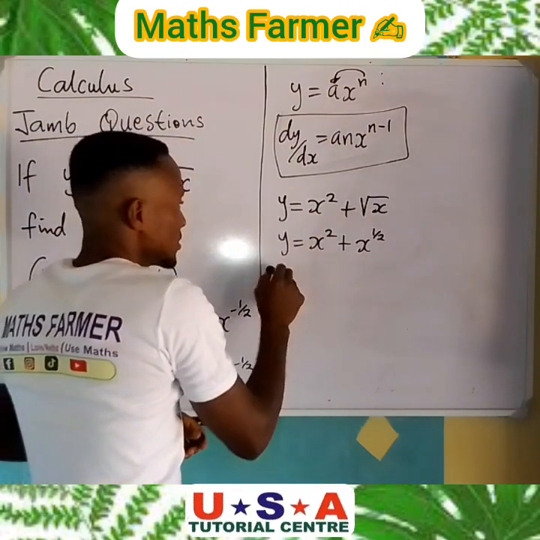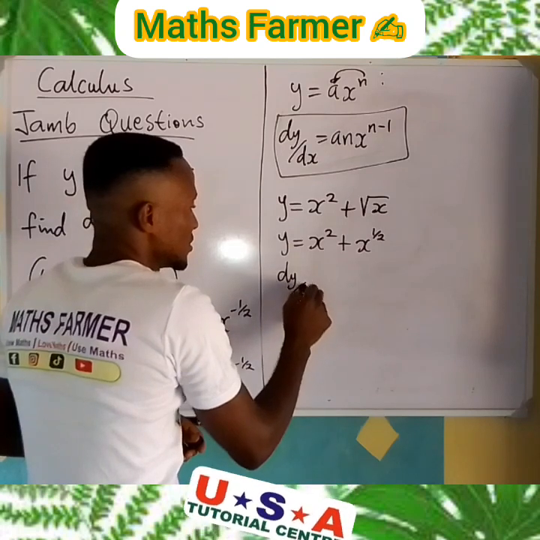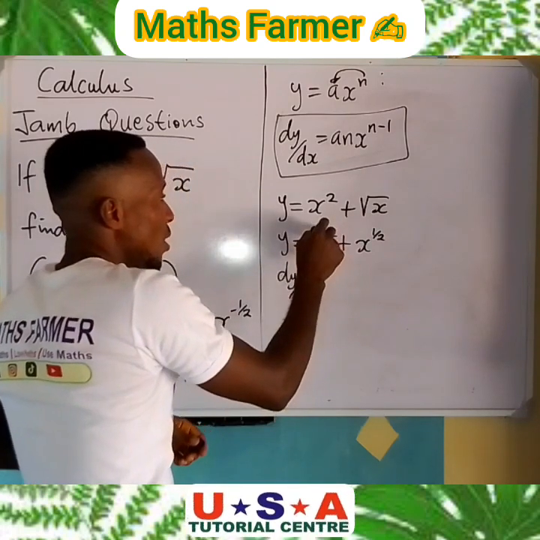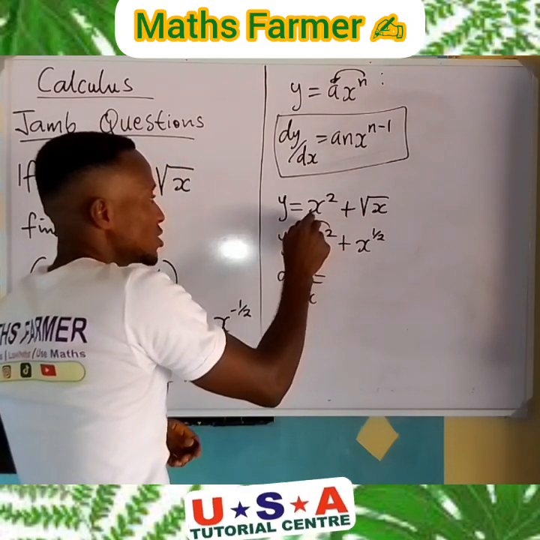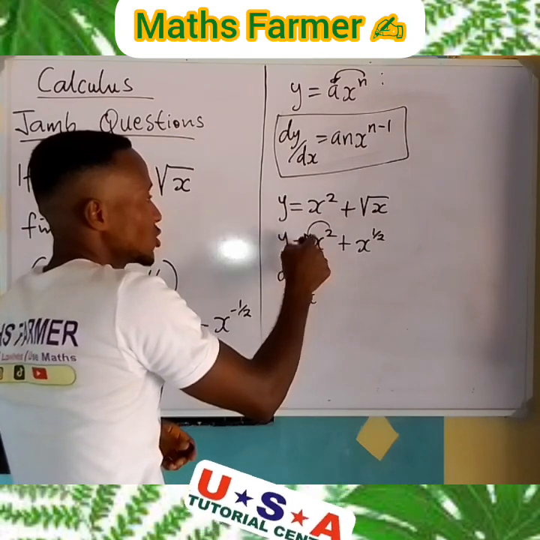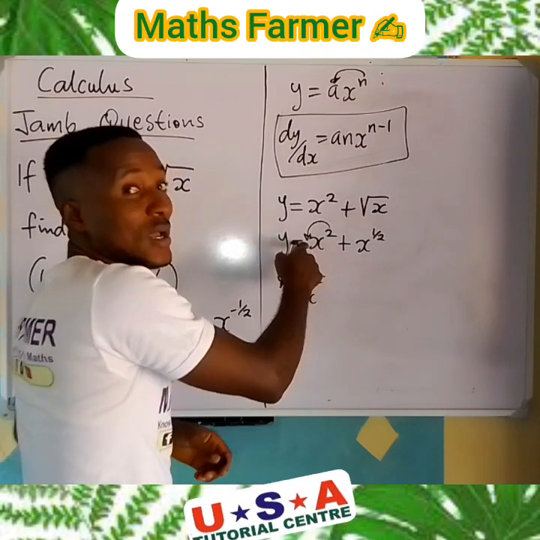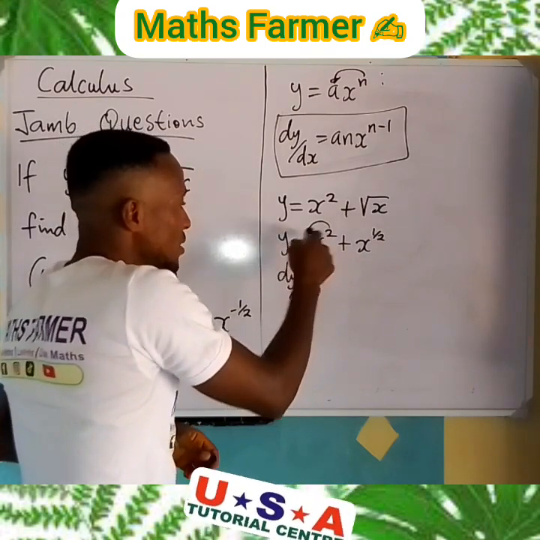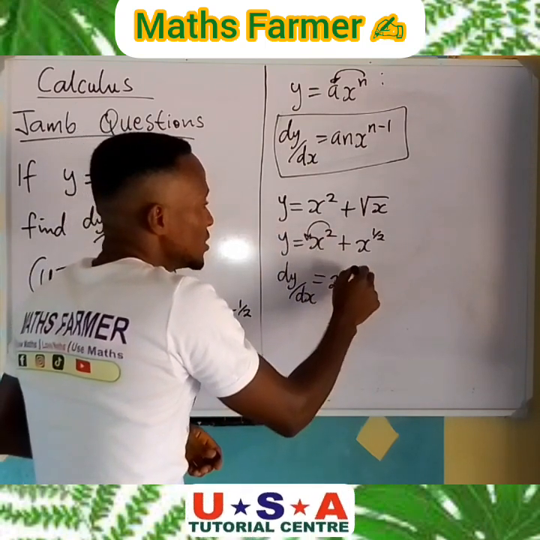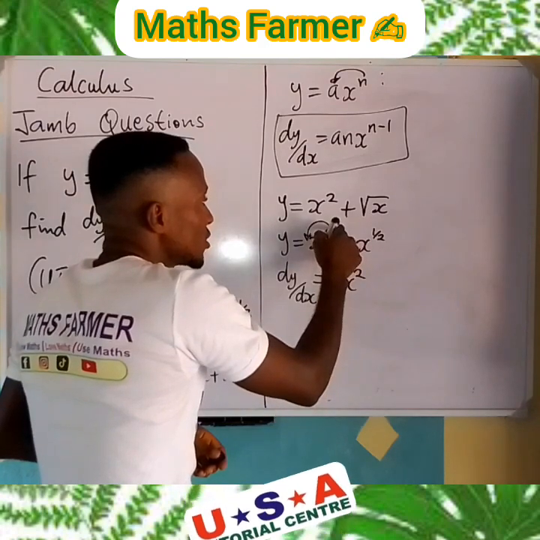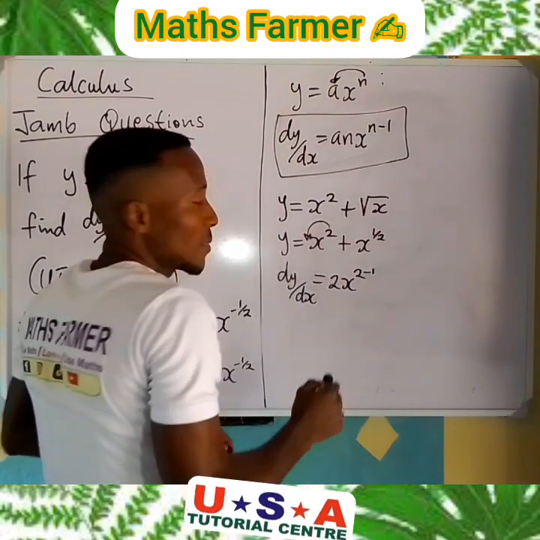Let's differentiate. Dy dx is equal to, the power of x here is 2. Use it to multiply the coefficient of x here. What is the coefficient of x here? 1. The coefficient is 1. So 2 times 1 is going to be 2x. Then we subtract 1 from the power.